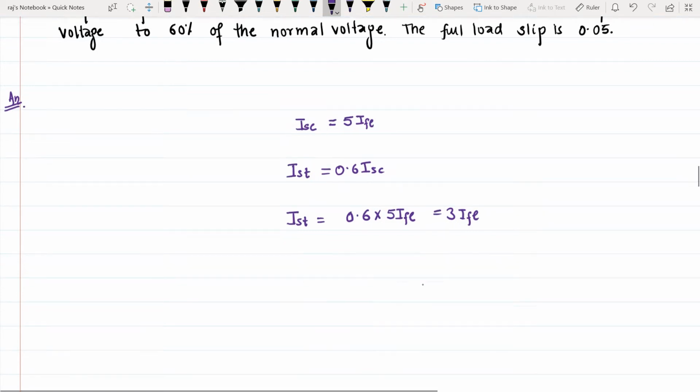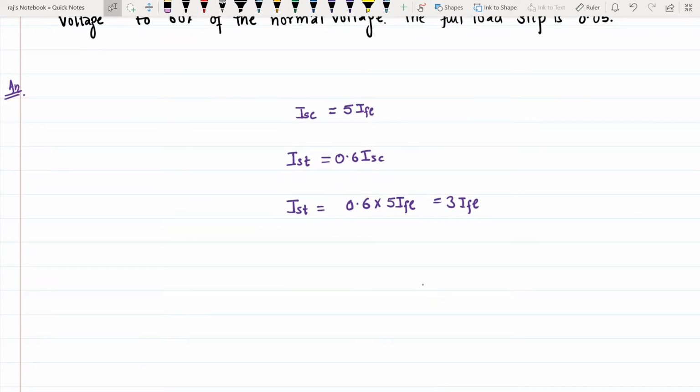Now we know the relationship that the starting torque by full load torque, tau ST by tau FL, is given by (IST by IFL) whole square into SFL, the slip at full load.